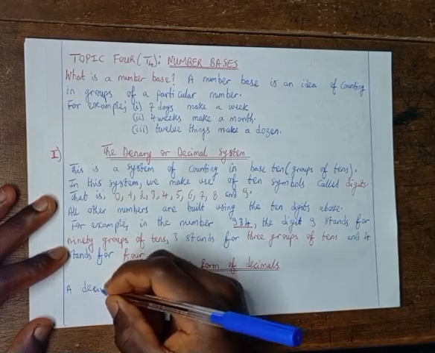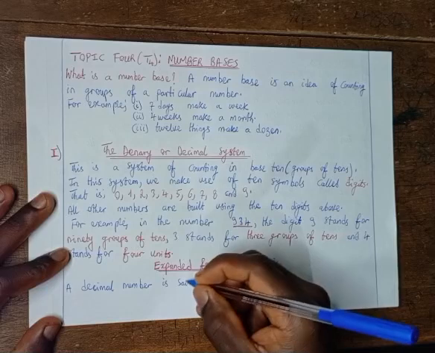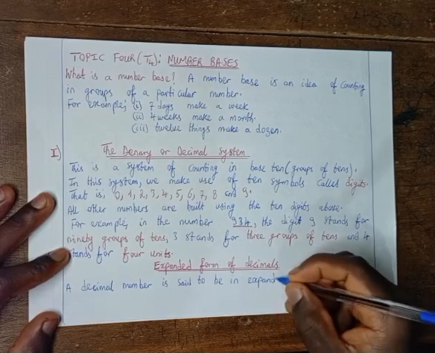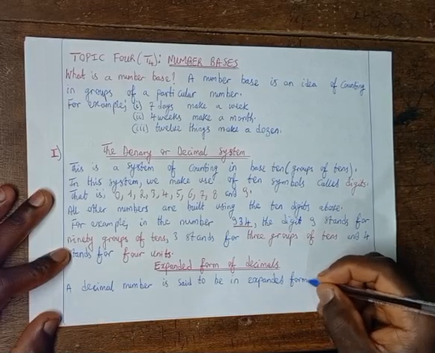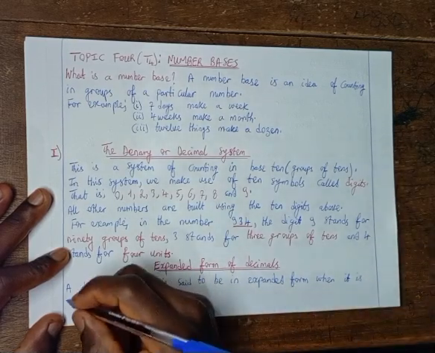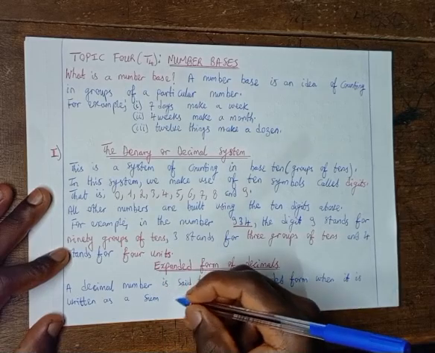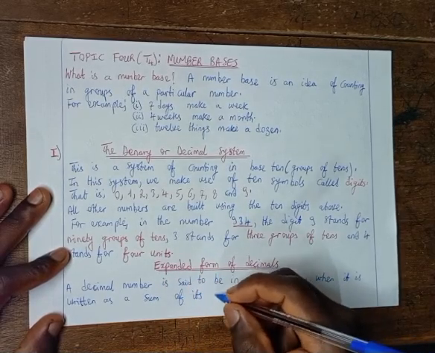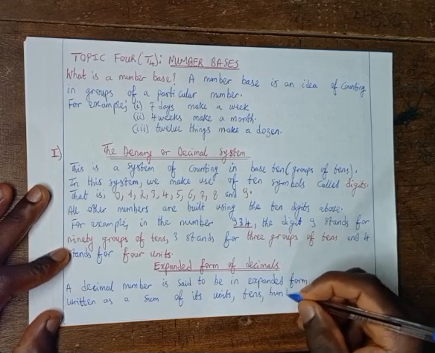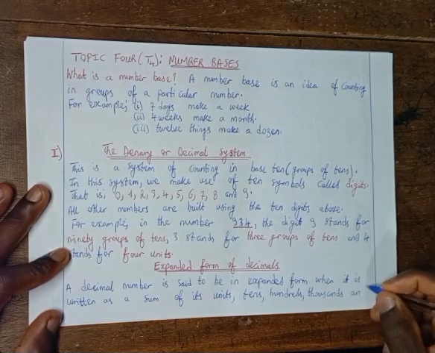A decimal number is said to be in expanded form when it is written as a sum of its units, tens, hundreds, thousands, and so on.